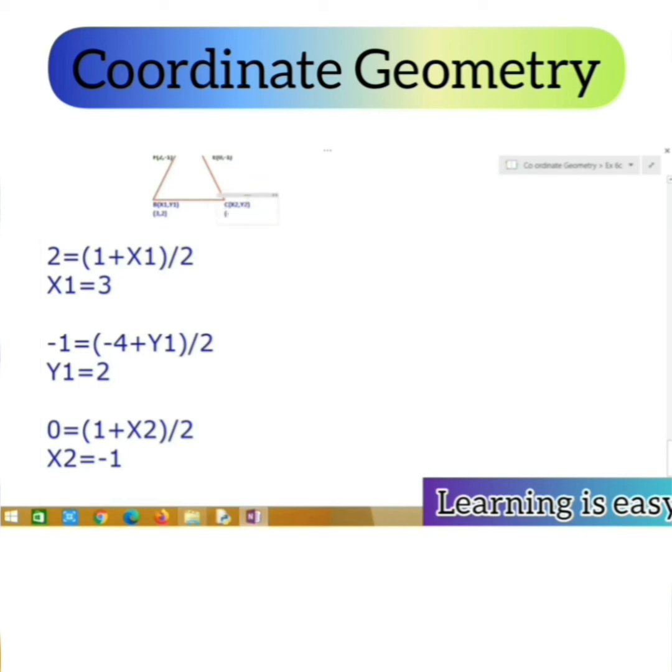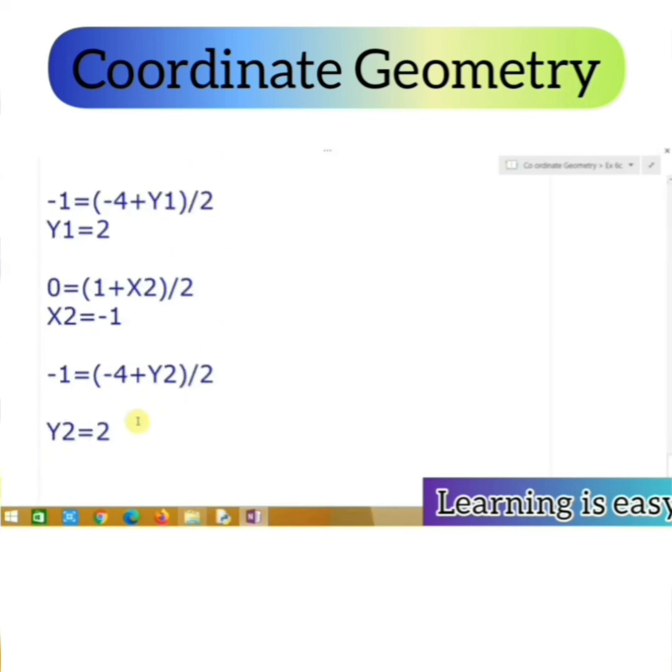So with all three coordinates A, B and C, now we can calculate the area of the triangle ABC.